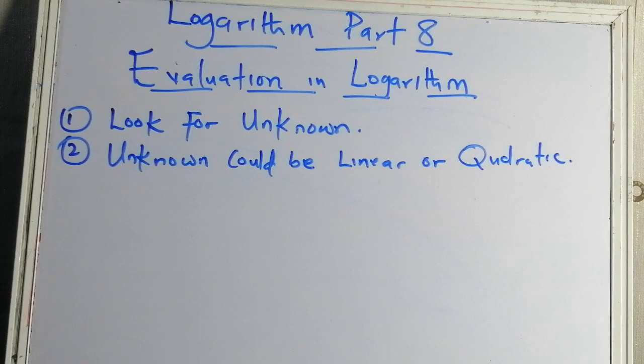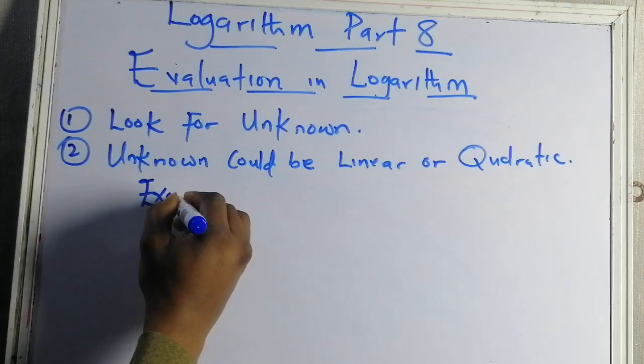It could be linear in the sense that the x has no power, but if it is quadratic, it could be maybe 2 x raised to power 2 and things like that. That is one thing about evaluation in logarithm, and that's the final topic we have on the logarithm.